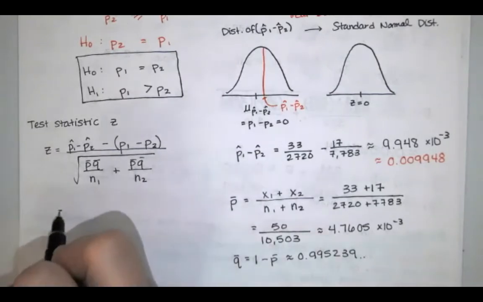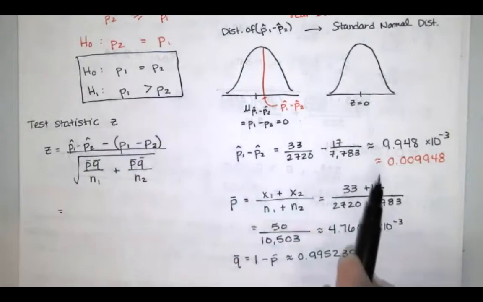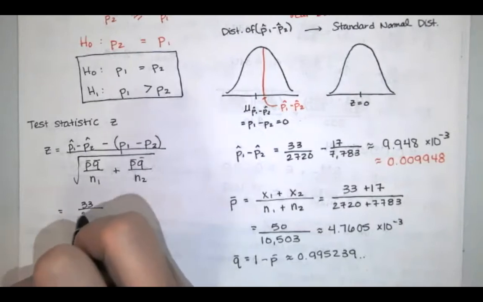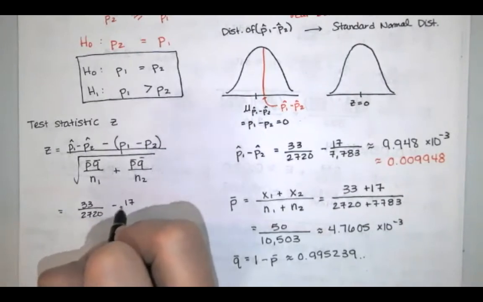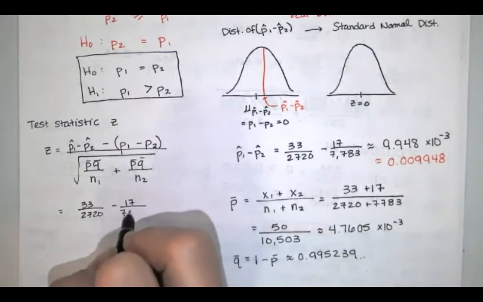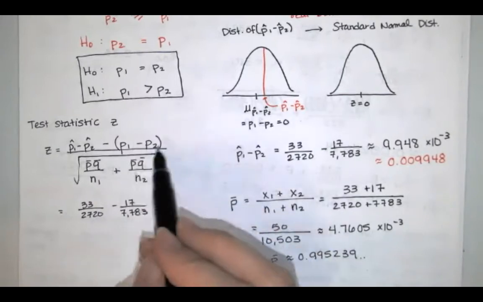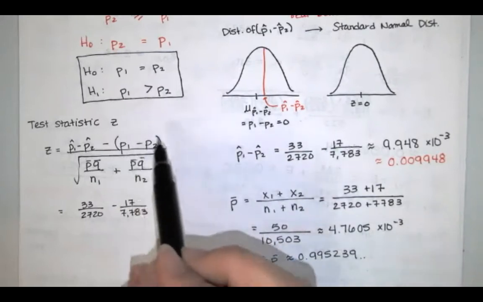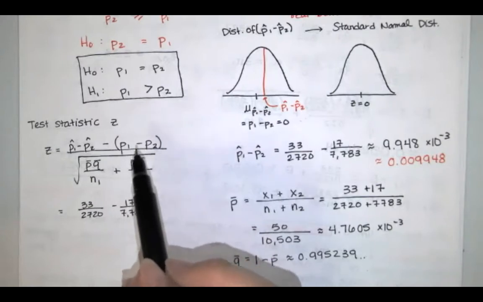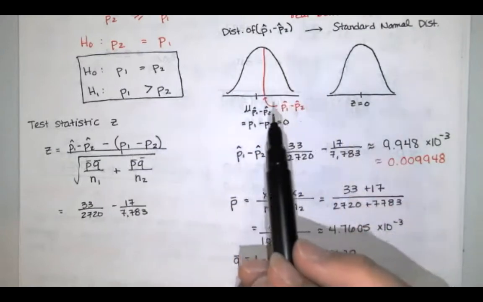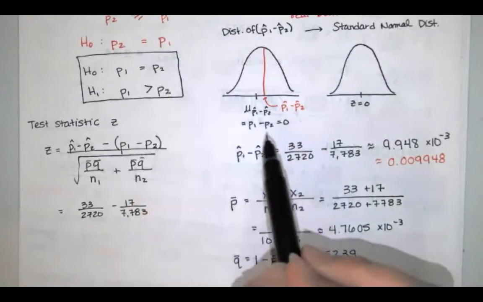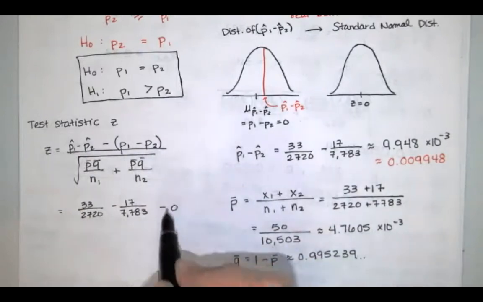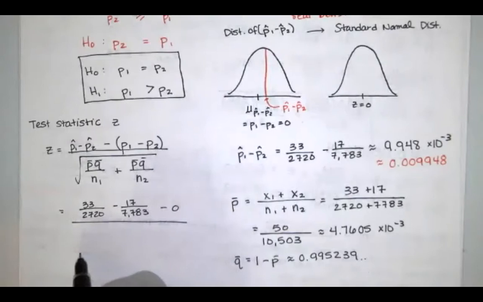So what we want here is P1 hat minus P2 hat, which is this quantity, minus this difference between P1 and P2, provided that the null hypothesis is true. So this is the value of the mean of the distribution of P1 hat minus P2 hat. If the null hypothesis is true, we're assuming that that's 0. So we're taking this quantity from right here, and then we're subtracting 0, which doesn't really do anything, does it?